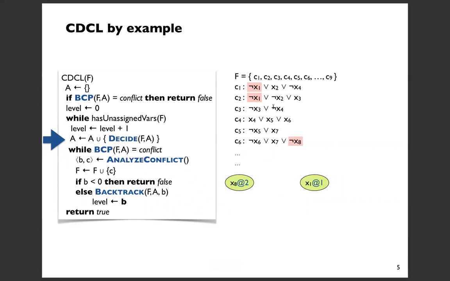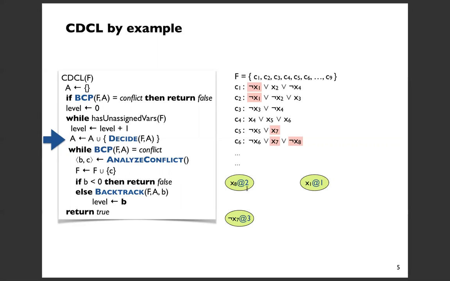After that, you make a decision on X8 at level 2. That's what is indicated here at level 2. Okay, so that simplifies C6. Then you make a decision on X7 to be 0.